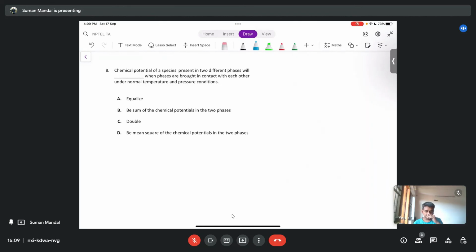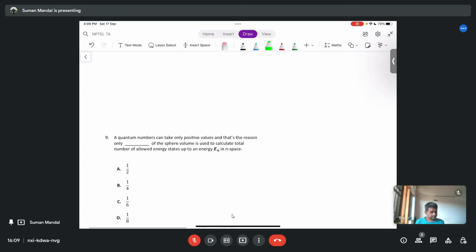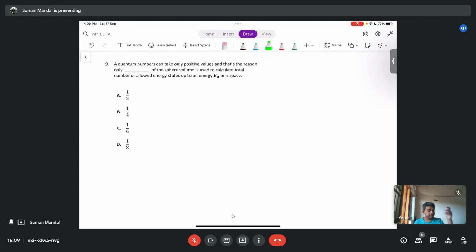Again, we have discussed this question in other words previously. Equalize, yes, it's the same as the match-the-following question, and the same as the EF and chemical potential question, where we said that EF is a representation of the chemical potential of the material. And in our first question, we said that we have a sphere in n space, but we take only the positive values, 1/2 into 1/2 into 1/2, which is basically 1/8.